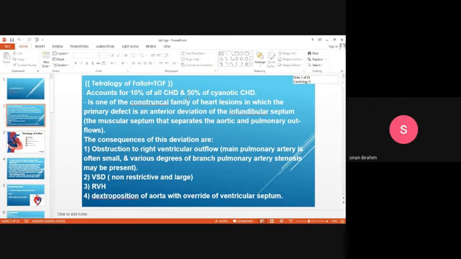The third part will be the right ventricular hypertrophy, as a result of severe stenosis. And lastly, we have dextroposition of the aorta, the aorta not in normal position, and there is overriding of the ventricular septum.